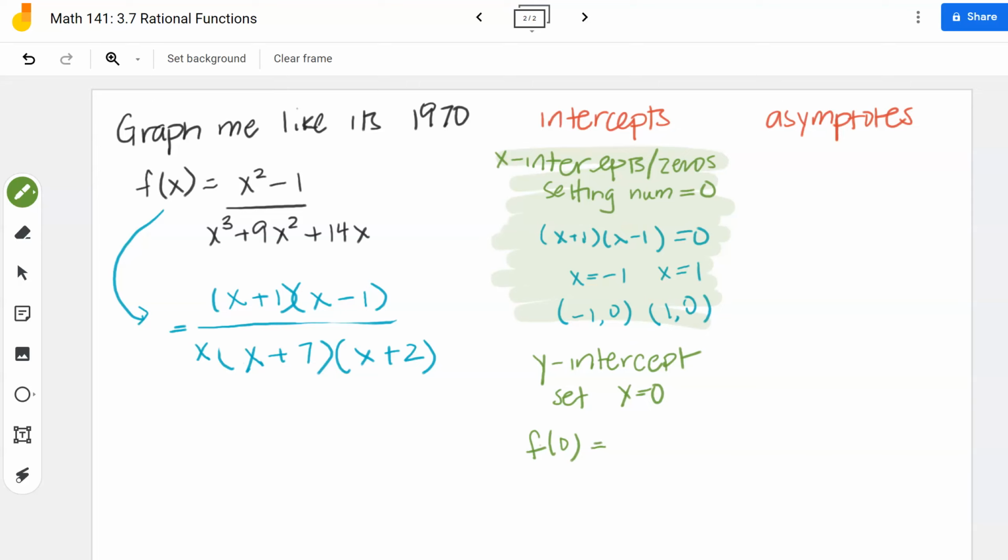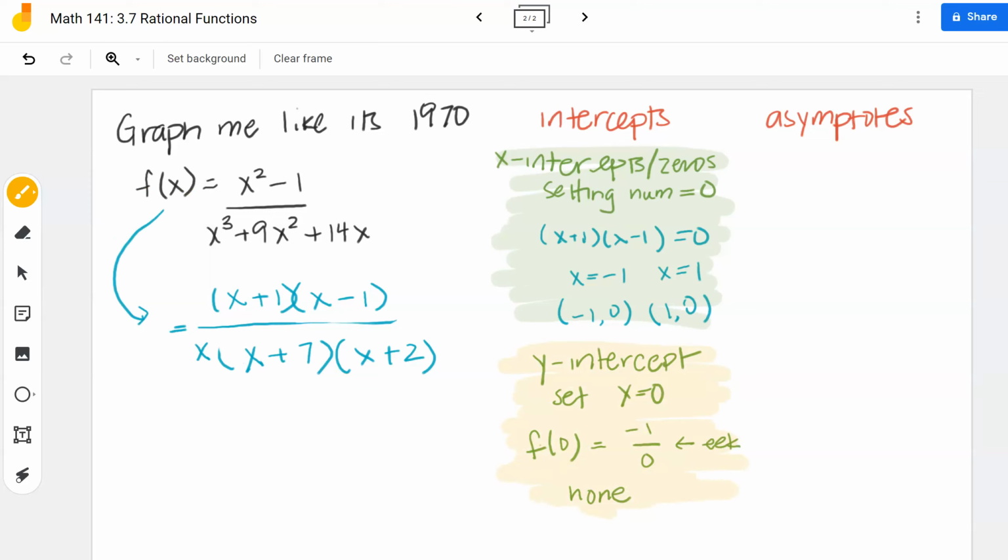So we'll get a negative 1 over 0, and we go, oops, there isn't one, right? Because we got something out that's not a real number. So there is no y-intercept. We would write none on the Desmos activity.